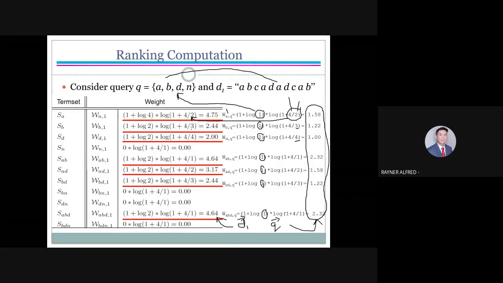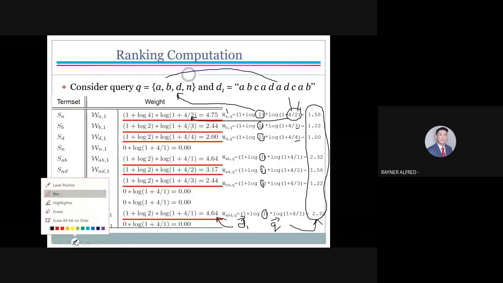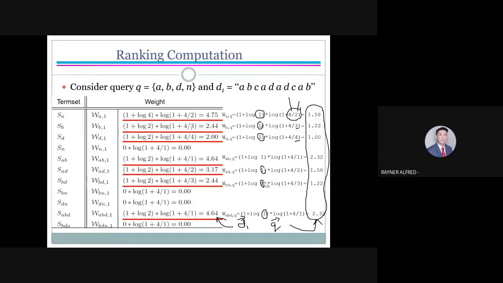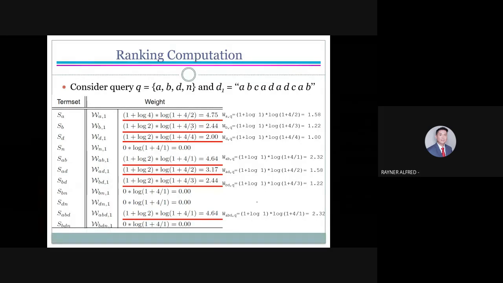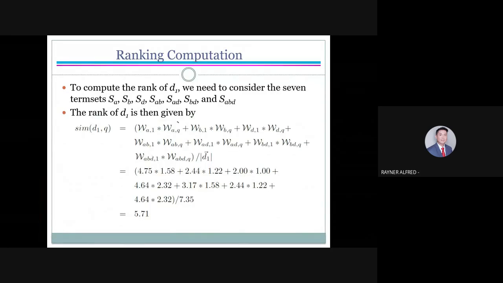Okay, so we know already what are the weightage for all your term set in this slide. And basically we just multiply the weightage of the same symbol from document 1 and Q, or the query. Okay, so we should have 7 components here.